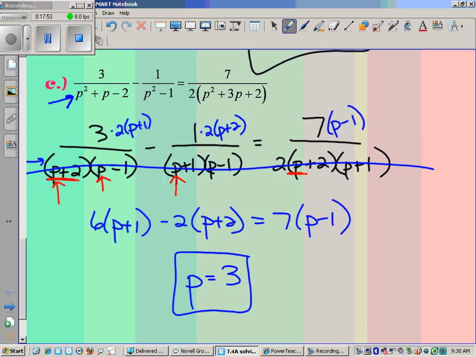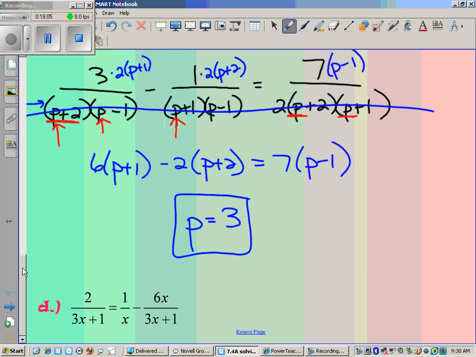What is 3 plus 2? 5, which is not a 0. What is 3 plus 1? 4, which is not a 0. Am I going to get a 0 anywhere in my denominator? No. So it should work and make sense. So it's easier to plug it into the factored version, the little parts, instead of the original. Okay? So p equals 3 is the answer, and it is the correct answer.